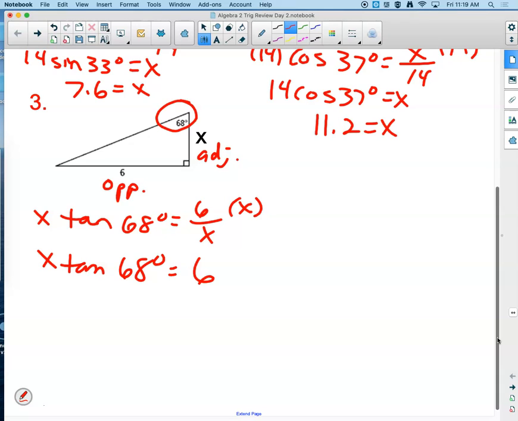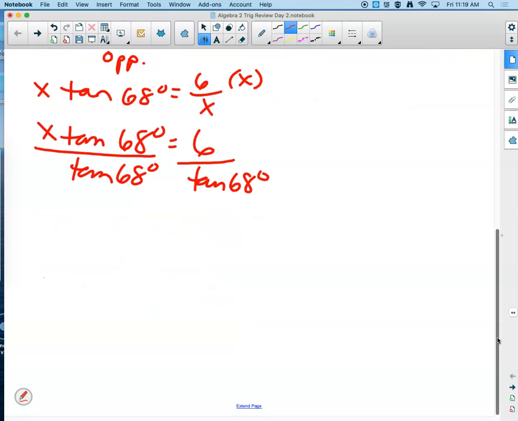Remember, this is just a number. What would we normally do to get x by itself? Yeah, divide. So we're going to have to divide both sides by the tangent of 68 degrees. So we need to punch in 6 divided by the tangent of 68 degrees. 2.4.